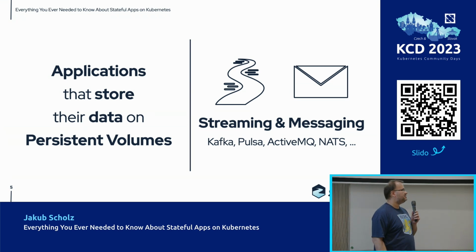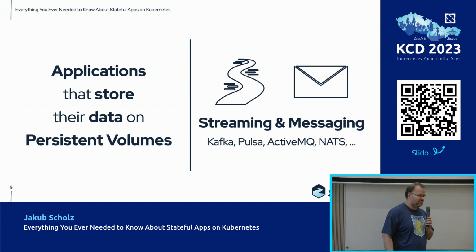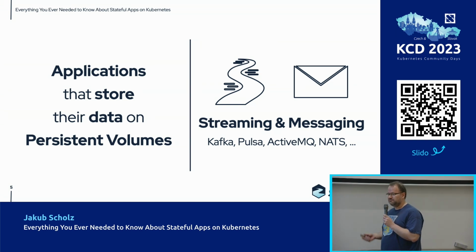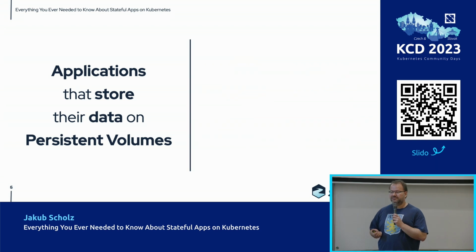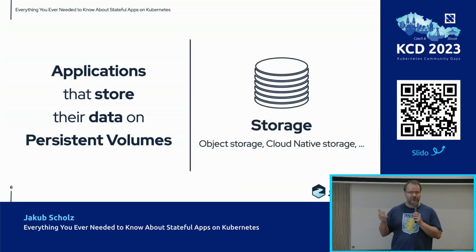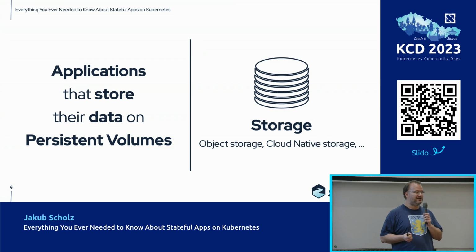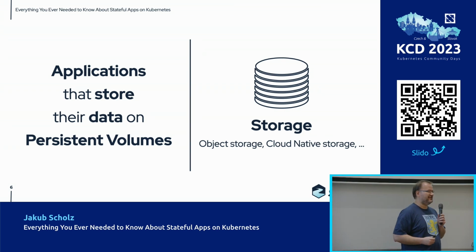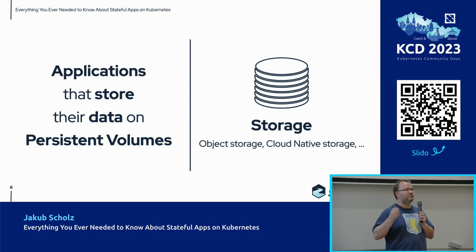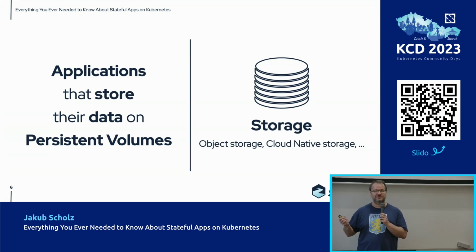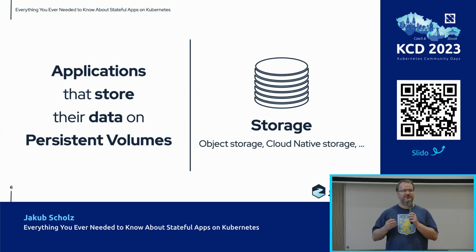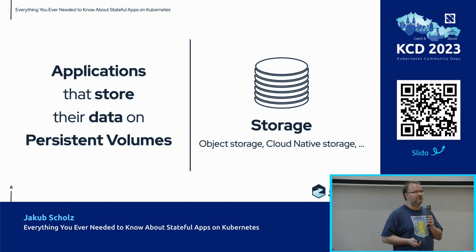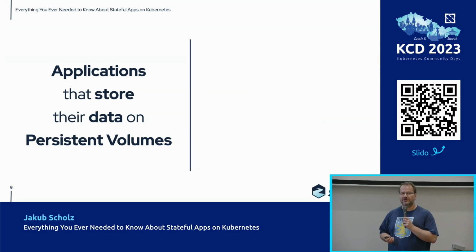That's where the Apache Kafka fits in, but there are also others: Pulsar, NATS, ActiveMQ, and so on. Then storage is surprisingly also a stateful application which uses storage to store storage. So what you can imagine under this are, for example, different object storage applications such as Minio, which basically take a storage and then make it into object storage and then store your objects on the persistent volumes.